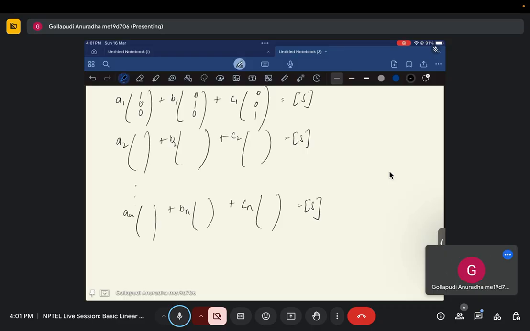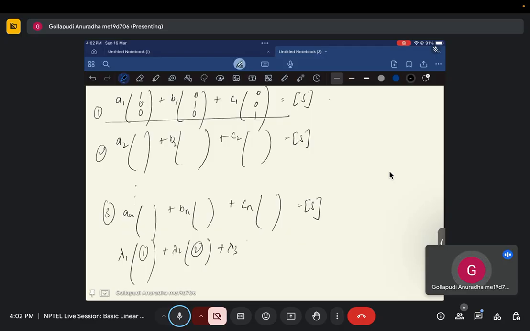So if I take a linear combination of these, for example calling them 1, 2 and 3, I can still express it as a linear combination of the original vectors, some alpha times them.